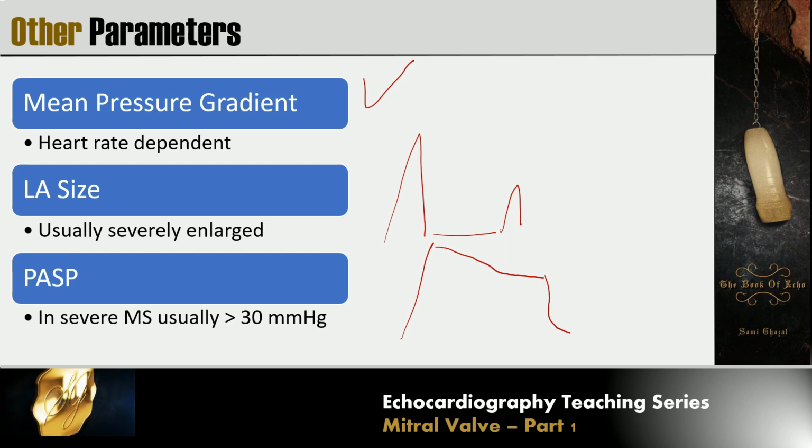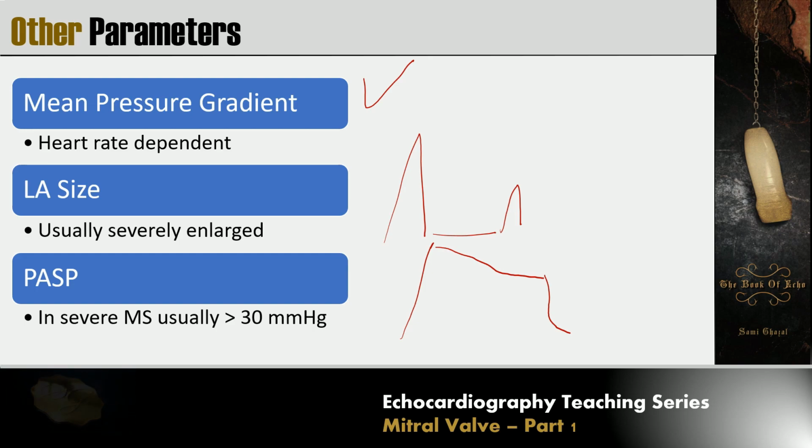So this is why it's heart rate dependent, and if we have a higher heart rate, as just explained, the volume in the LA will increase, causing an increase of the pressure. So this is one of the drawbacks of the gradient for assessment of mitral valve stenosis.